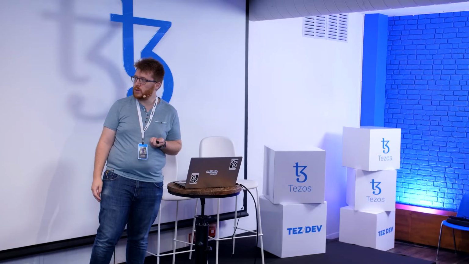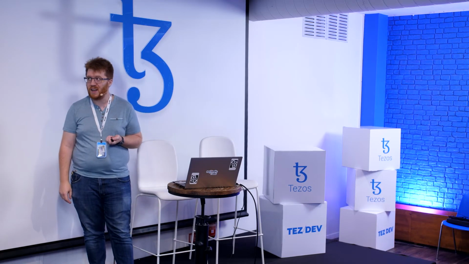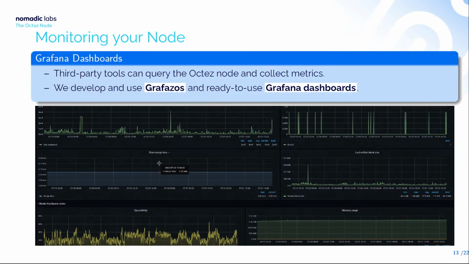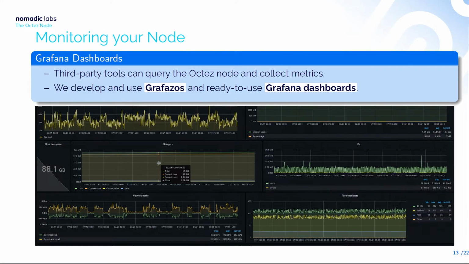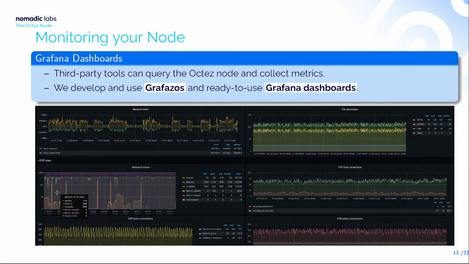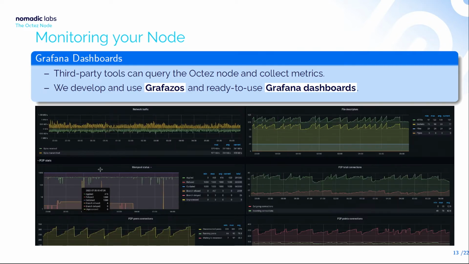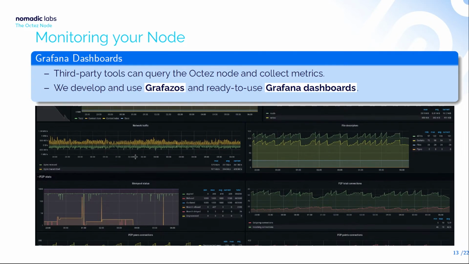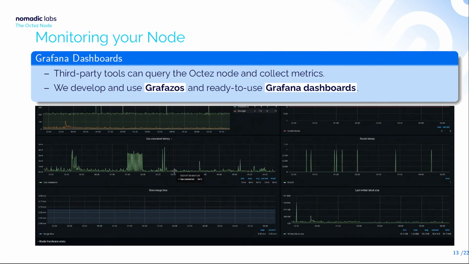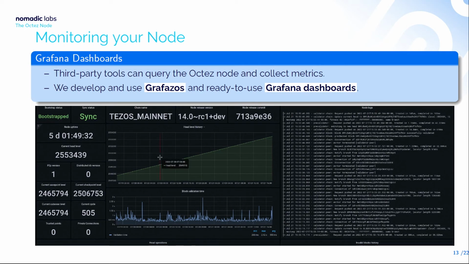If you want, we also provide Graphazos, which are Grafana dashboards using those metrics. With them, you can benefit from Grafana, which will collect all those metrics and arrange those nice dashboards and allow you to look at what happens in real time and what happened in the past to your node.